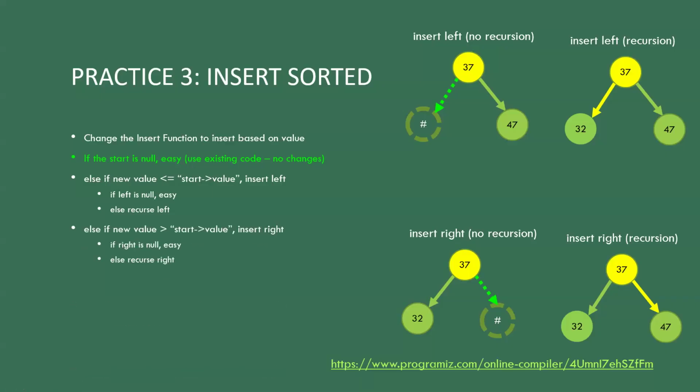Our second case is if there is a child, then we have to recursively call our function on that as the new parent and go from there. So it's just a recursive step there. And then, of course, ultimately, we have to return back up to the next level. So we're going to try to do that on both the left and the right side and see if we can get this thing inserting, even if it might be a little bit unbalanced.